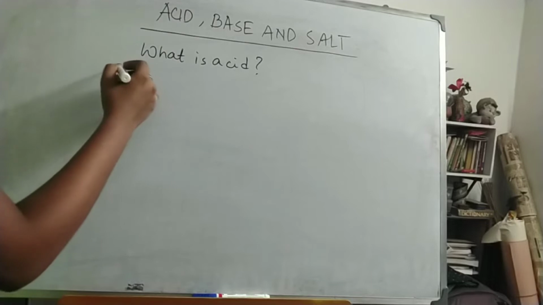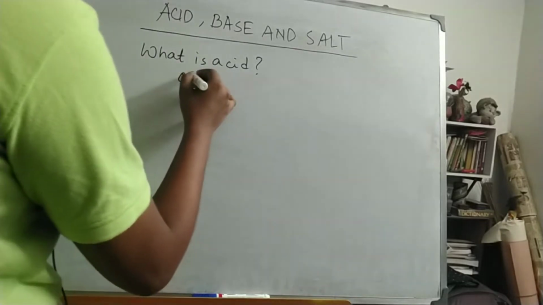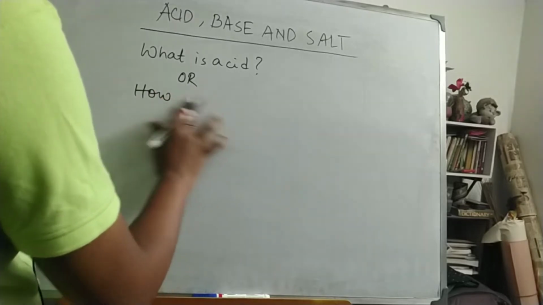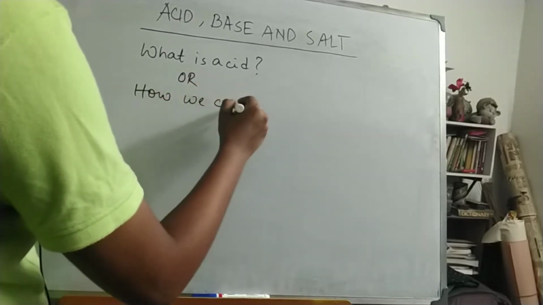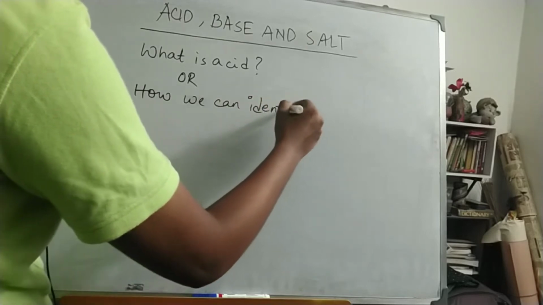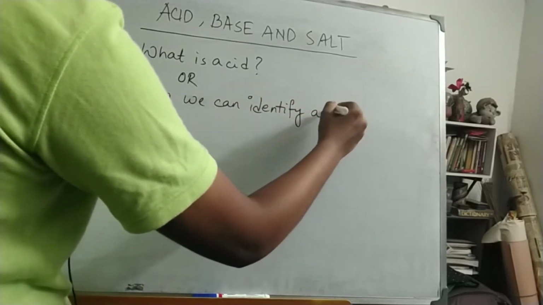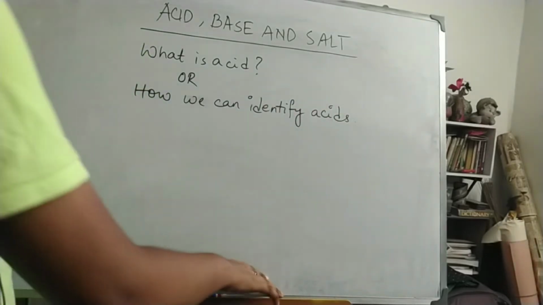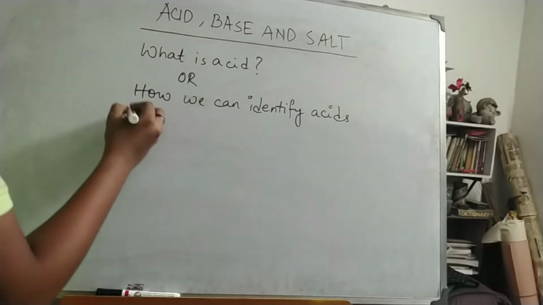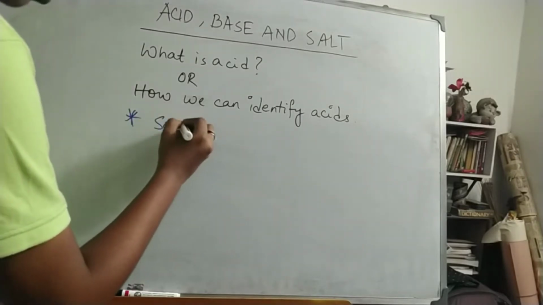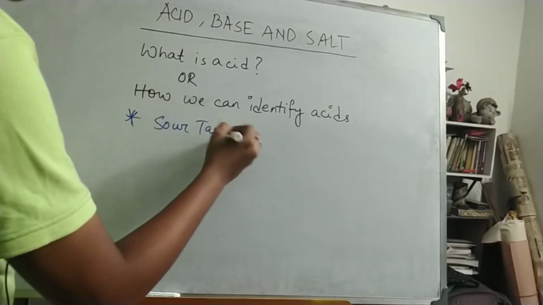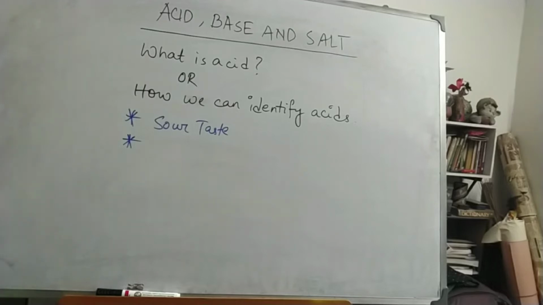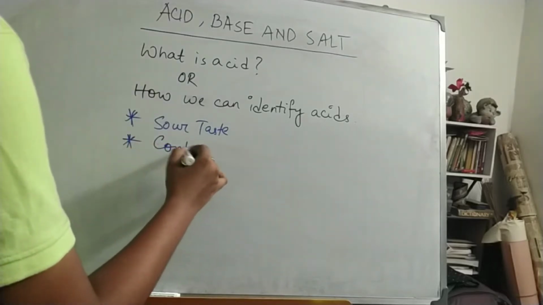Now, how we can identify acids. First of all, number 1, sour taste. Number 2, contains hydrogen.